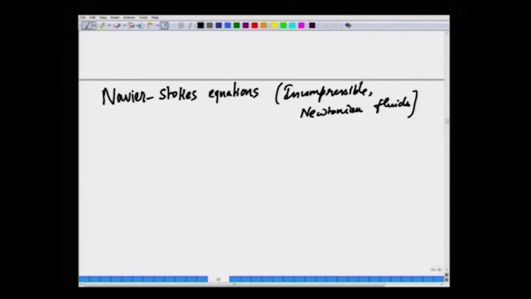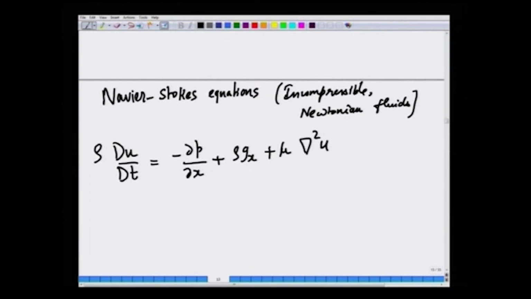Now, this we can write as: rho times the substantial derivative of the velocity equals minus partial p partial x plus rho g x plus mu del squared u, where del squared is the Laplacian operator given by partial squared by partial x squared plus partial squared by partial y squared plus partial squared by partial z squared.